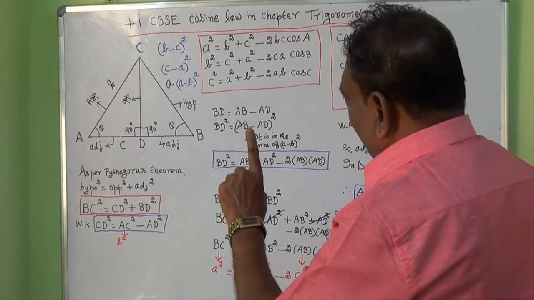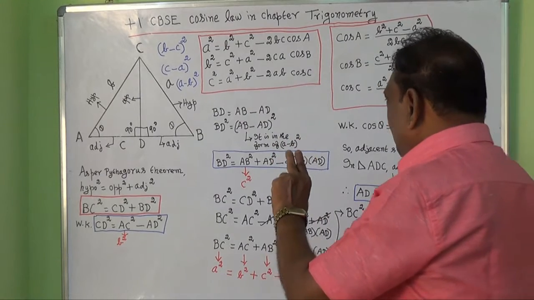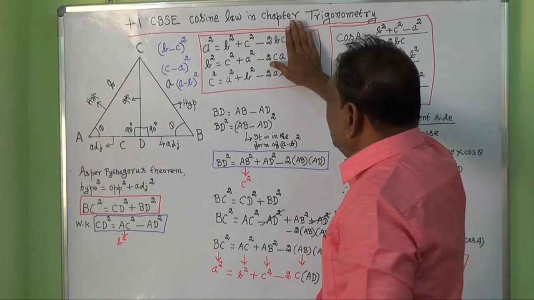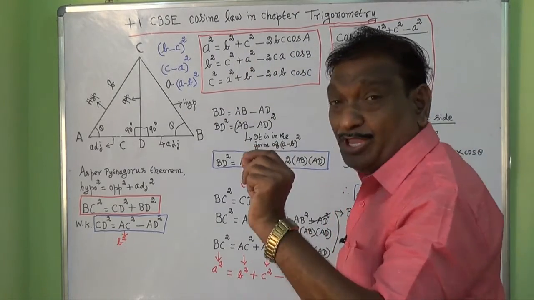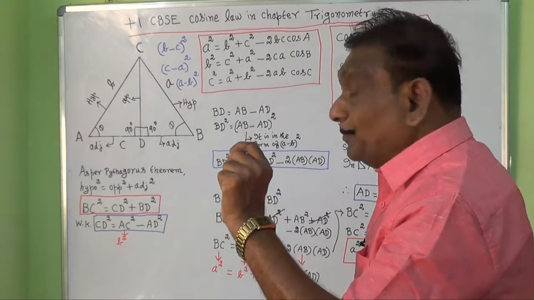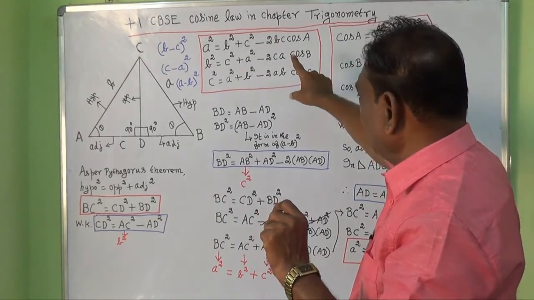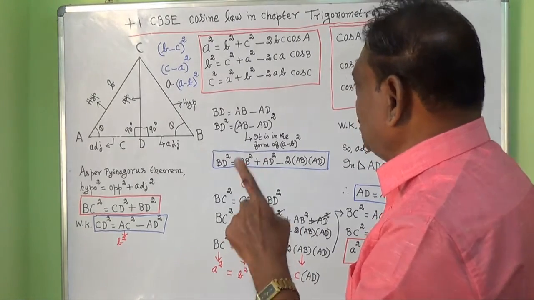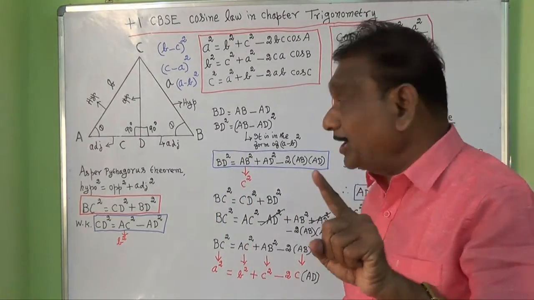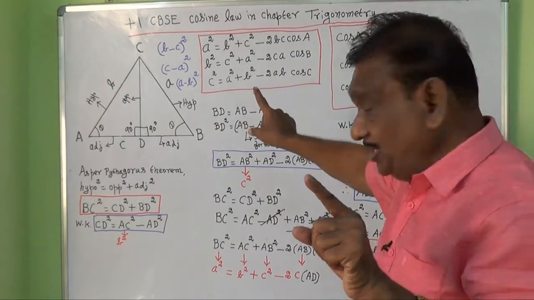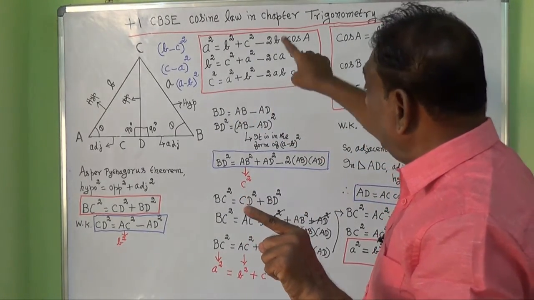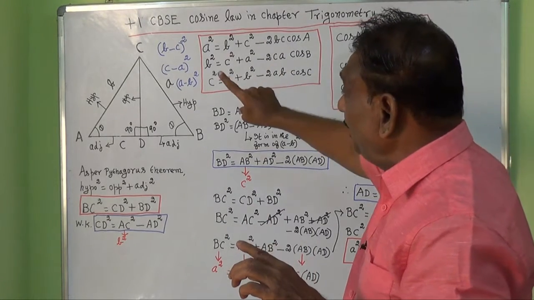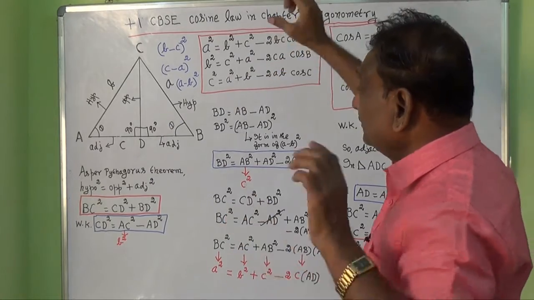Considering the three terms on the right side, if we hide cos A, we will get b square plus c square minus 2bc. On seeing these three terms, we remember that it is in the form of b minus c the whole square.